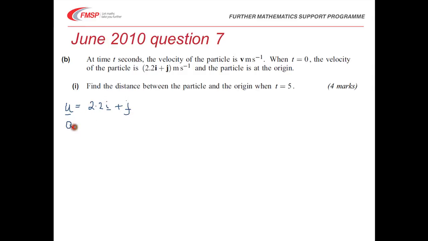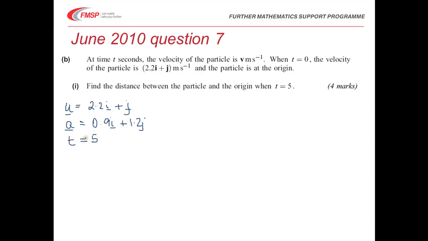We also know from part A that the acceleration is 0.9i plus 1.2j, and we're asked to find the distance between the particle and the origin when t equals 5.